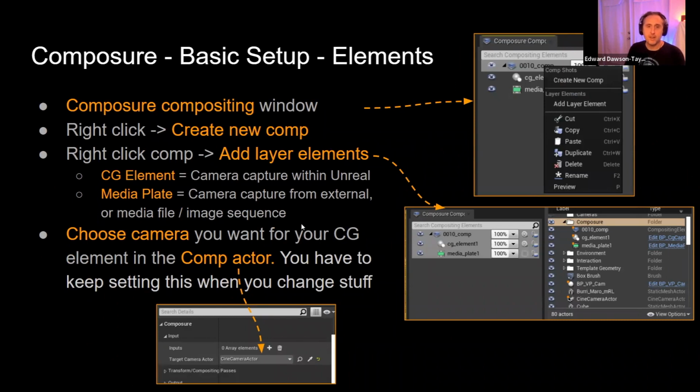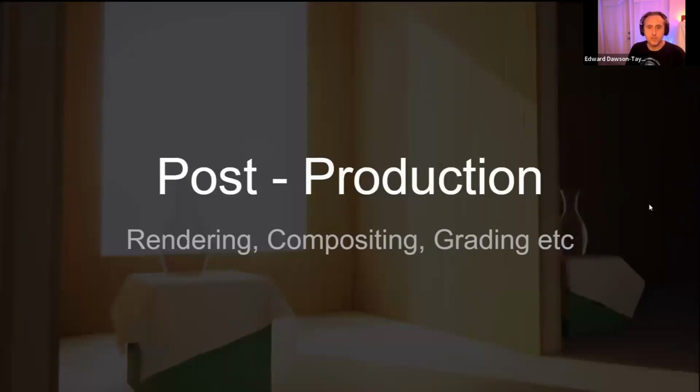It's not bad, needs some work, but it is possible to composite in there. It's also possible to do it just with materials in Unreal Engine, but Composure is where you're going to be looking at hooking that up. Again, I'm not going to go through how that works in this webinar, but it's something which we do cover in our courses.